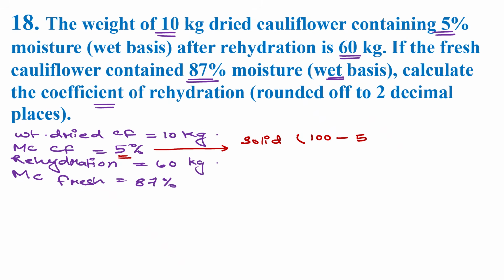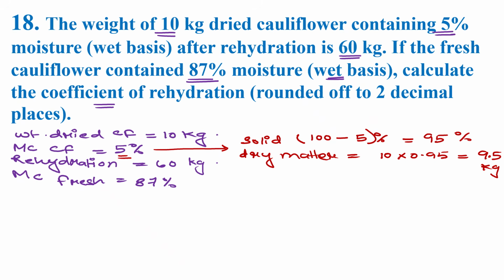Now dry matter, from this we can calculate since we know the weight of the dried cauliflower. So it is 10 into 0.95, which is 9.5 kg of dry matter. Now let us assume W is the fresh cauliflower weight.